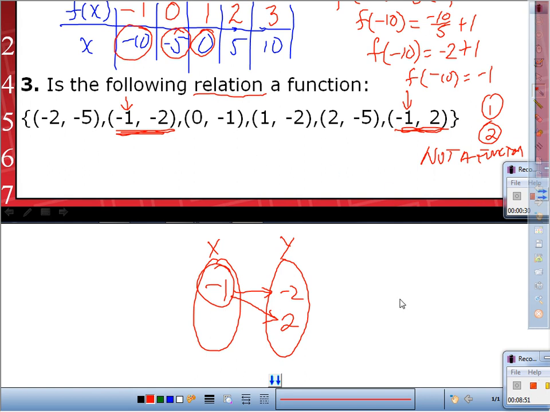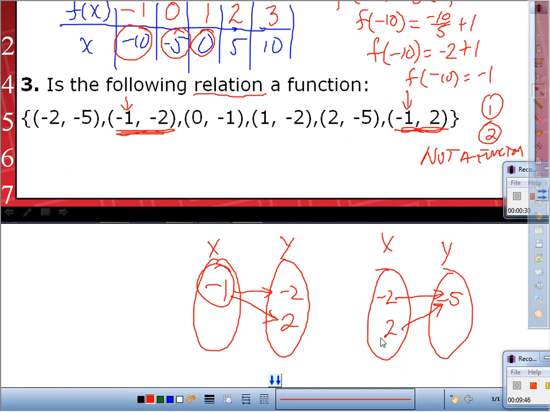That's a good question. Let's see. X, Y. What was the first rule? To check if the X value repeated. Therefore, if the Y value repeats, then let's find out. -2, -5. 2, -5.